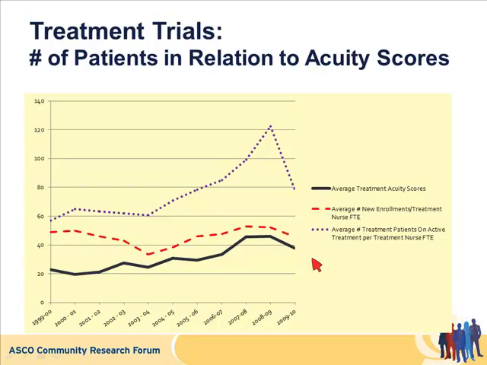The average acuity increased from 19 or 20 in the early beginnings up to as high as 45, with an average of about 30. To us, that acuity score means something, but to those of you who don't do acuity scores, that number doesn't mean much. However, if we can get this metric as a benchmark that everybody has to compare to, and everybody measures their patients the same way, it would mean something. So that's definitely a goal.